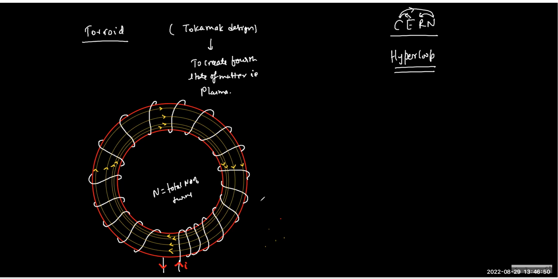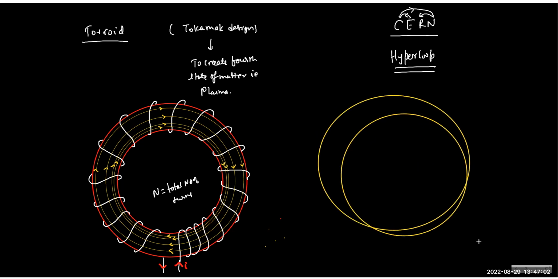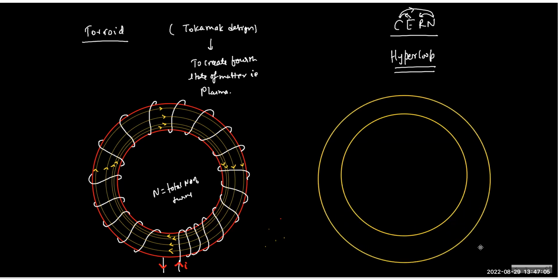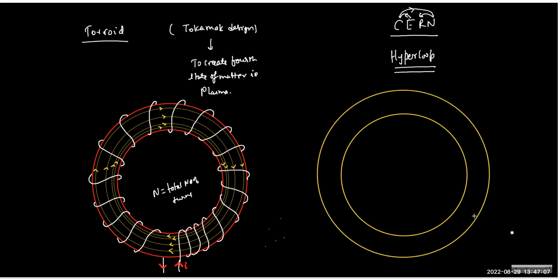Yes, sir. So now if you want to know, if you do a cross-sectional view, cut like this, just to mention the cross-section. Then you can see current is entering from the inner side.